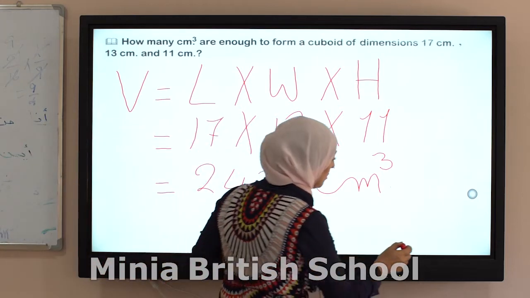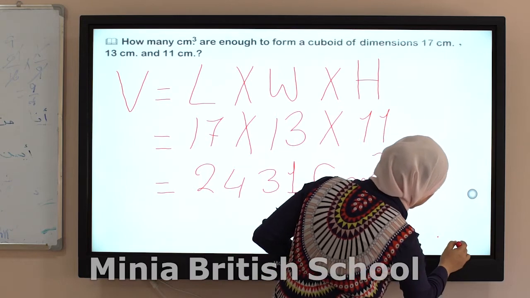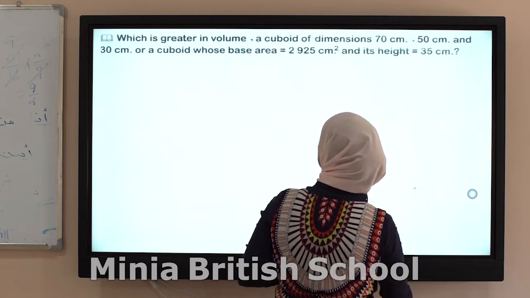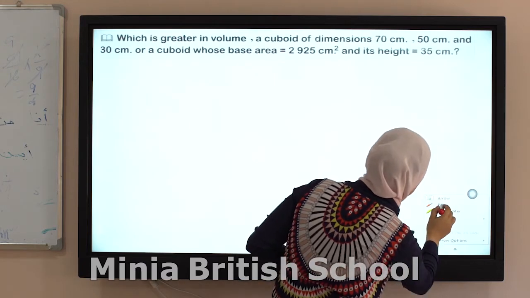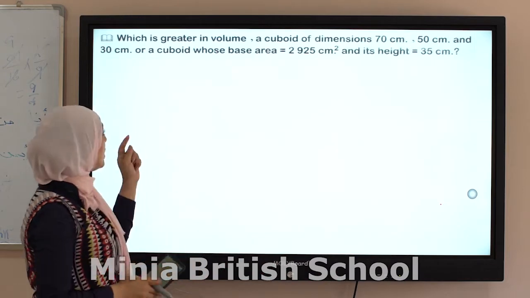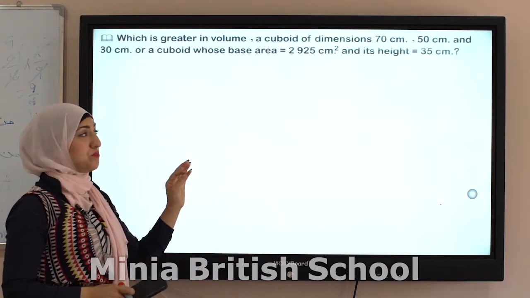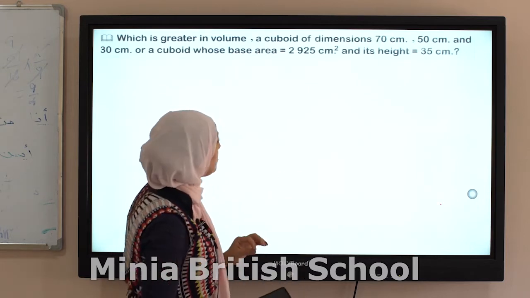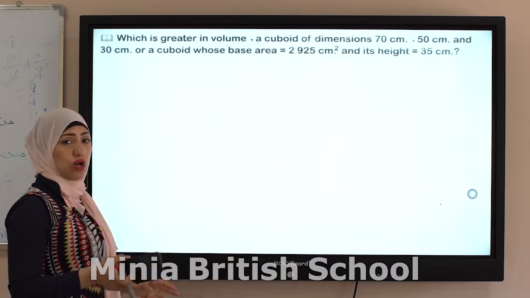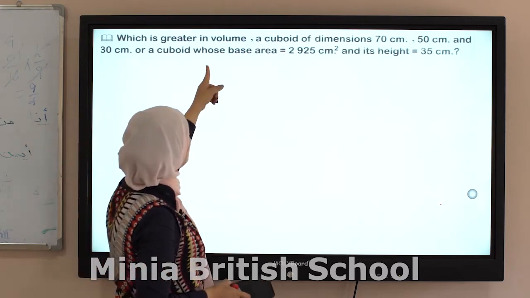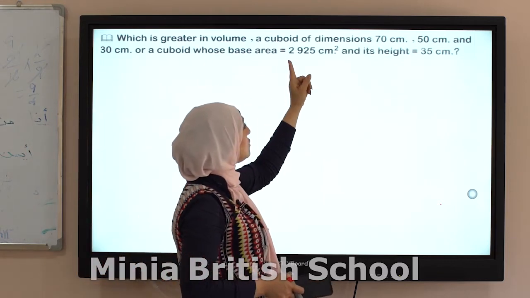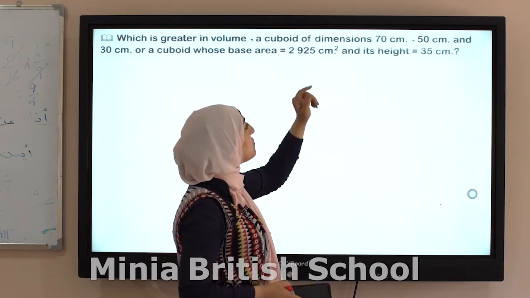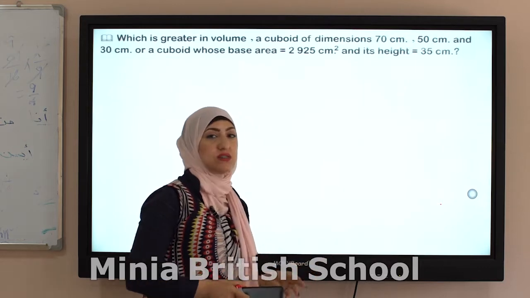The next one. Which is greater in volume: a cuboid of dimensions 70 centimeters, 50 centimeters, and 30 centimeters, or another cuboid whose base area equals 2,925 square centimeters and its height equals 35 centimeters?